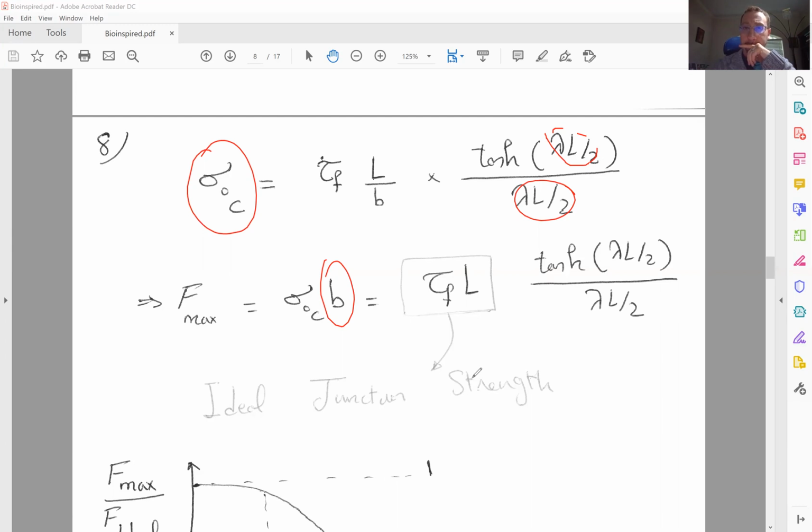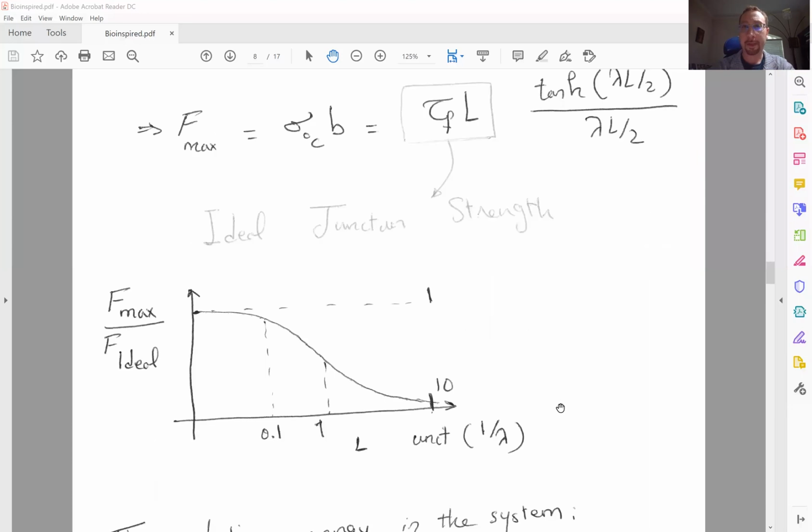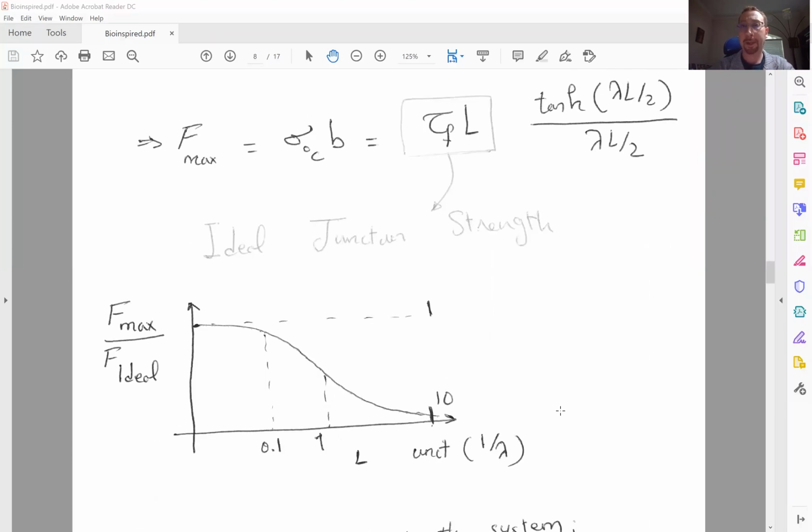So that is sigma 0 that was applied at the far right boundary of tablet 1. And so this is F max.